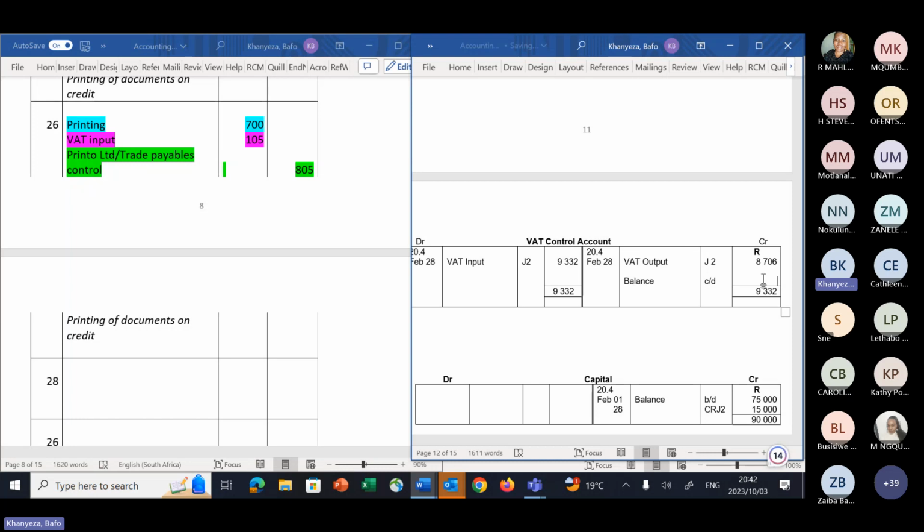But you also have to practice yourself, because accounting works with practice. What was the balance carried down here? The balance carried down was 626. This one will be paid over to SARS. Balance carried down is gonna be 626.